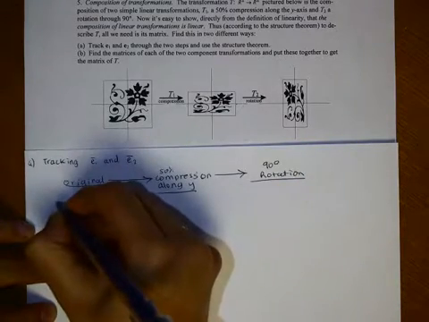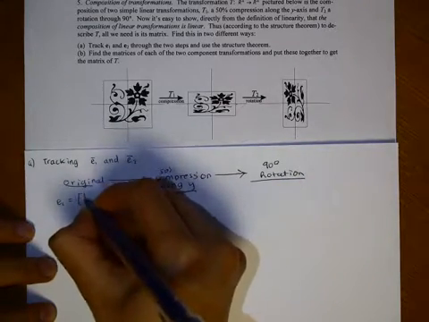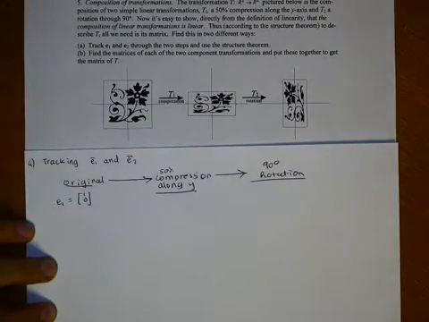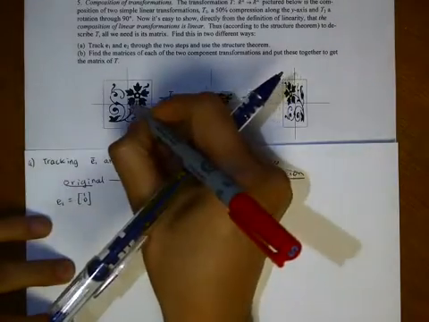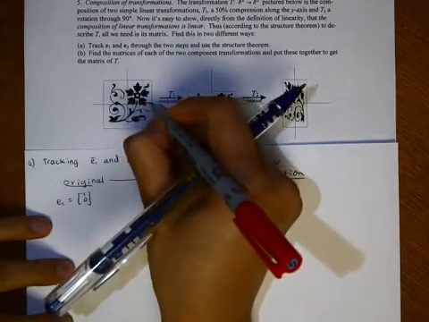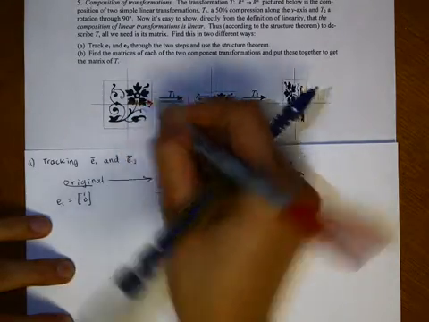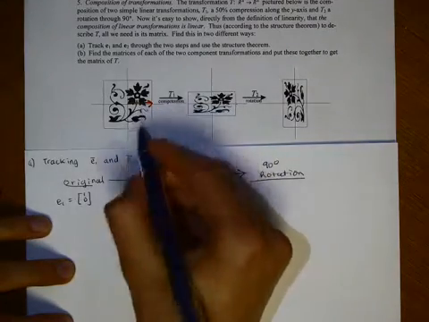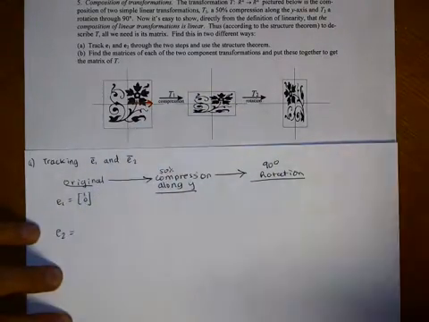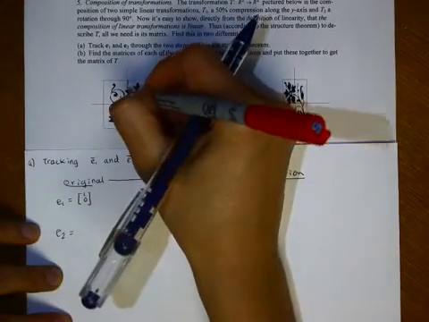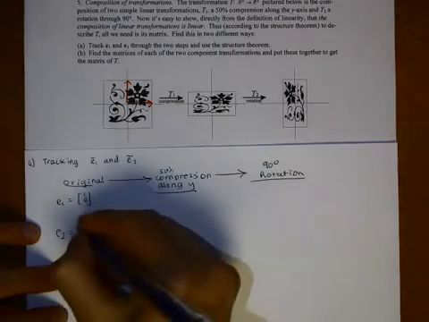So let's start with E1, which is equal to (1, 0). So we want to draw our E1 on this diagram here. There's our E1. So our E1 is going to be (1, 0). And our E2 goes along the y-axis, and that's (0, 1).